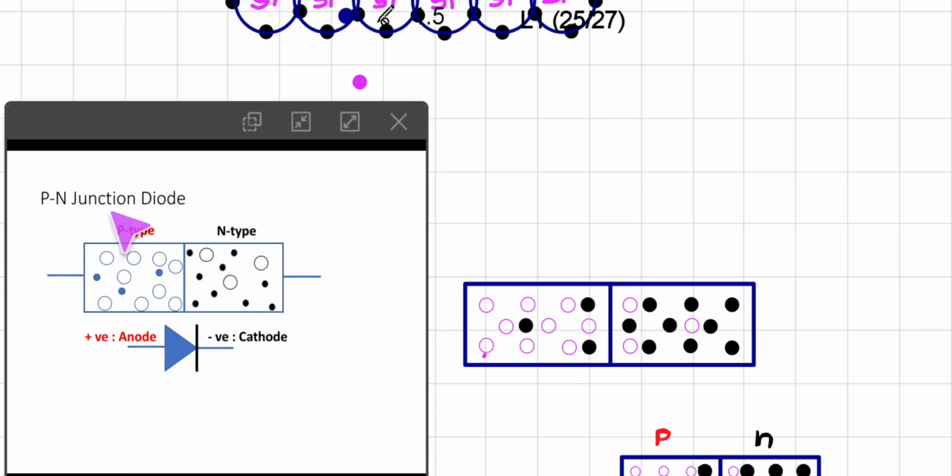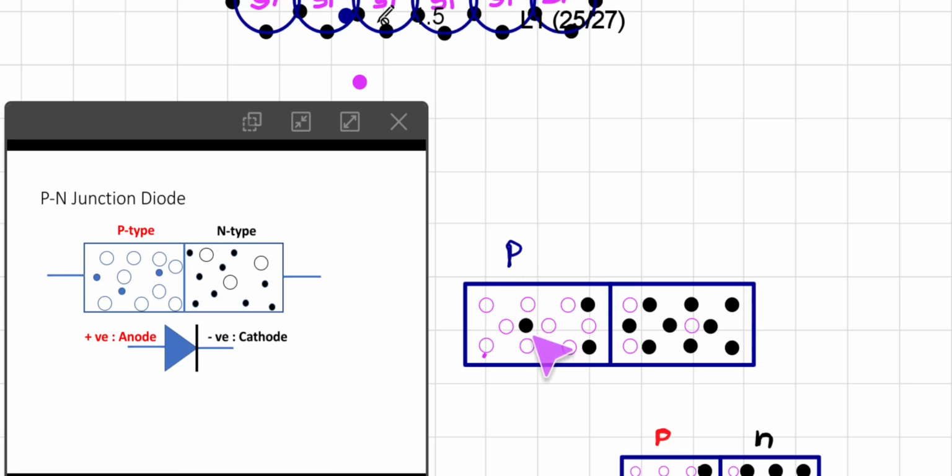Now we are talking about the p-n junction diode. So here look, this is a silicon bar. In half portion of the silicon bar we have added trivalent impurity, so that a large number of holes are available, and due to that we call it a p-type material.